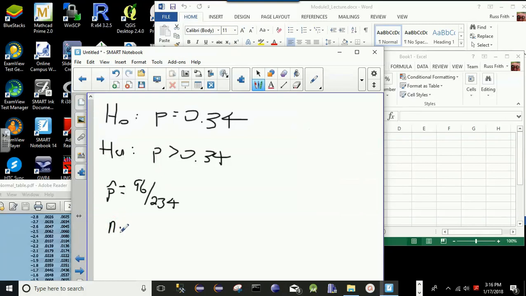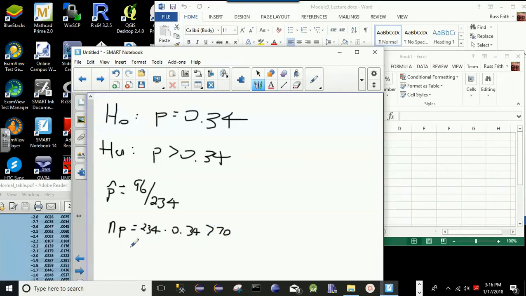So what is NP? NP is equal to 234 times 0.34, right? Which, 34% is roughly a third, so a third of 234 is bigger than 70, because 3 times 70 is 210.